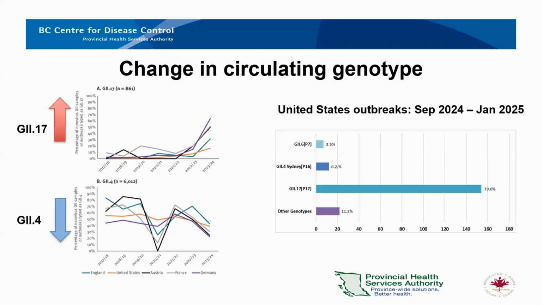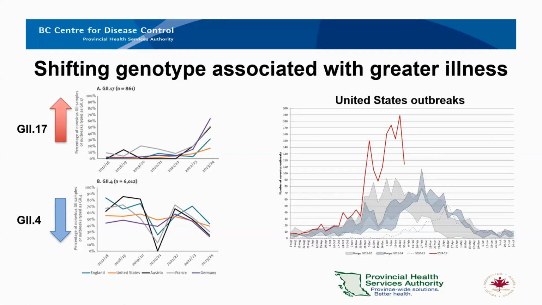Last year, 2023 to 2024 in the US, for example, about 30% of the genotypes were G2.17. And this year, 2024-25, we're seeing that jump from 30% to almost 80%. So a big jump. That is correlating quite nicely with this figure in terms of the increased number of outbreaks.